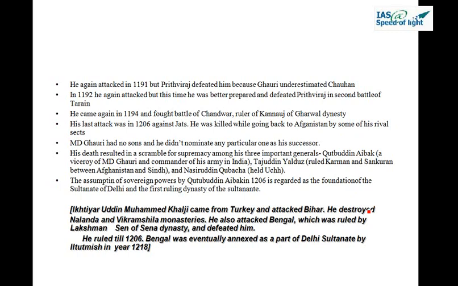He was the one who had overrun many small states in Rajputana and captured Delhi. He also wanted to extend his control over Punjab. So the conflict between Ghori and Prithviraj Singh Chauhan started with the claim over Bhatinda, and then we have the first battle of Tarain, 1191.